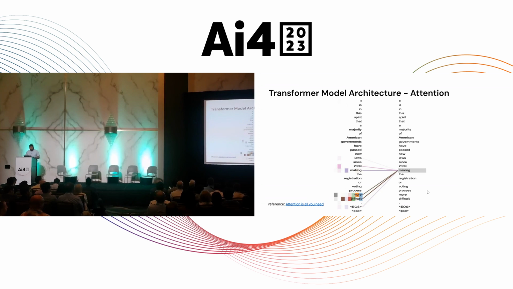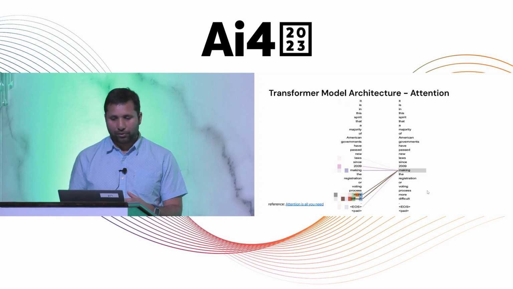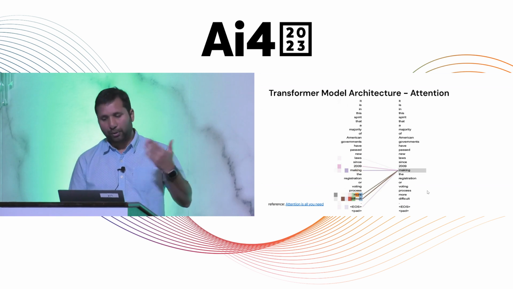So for example here, the important words for the word making are making more difficult, and 2009. So through attention, the model is able to learn the importance of other tokens with respect to a particular word. And this is done for all the tokens, and then this is done multiple times.